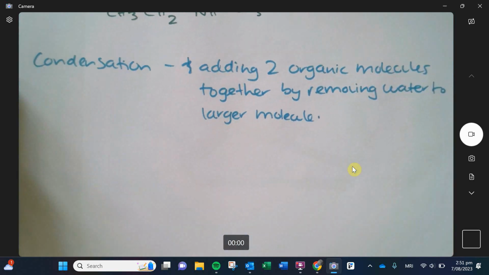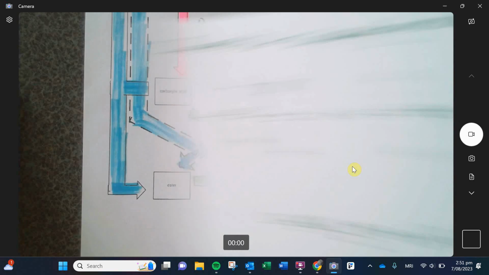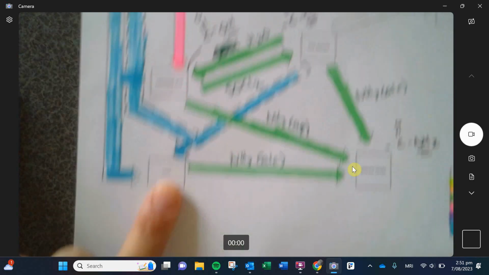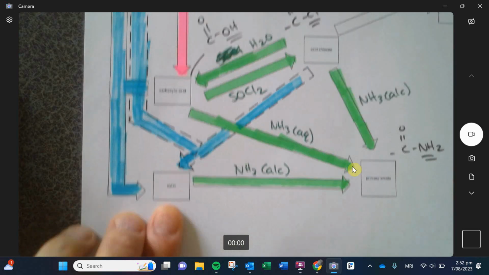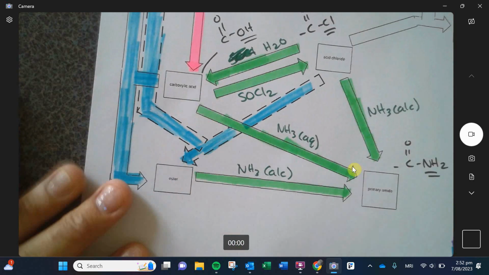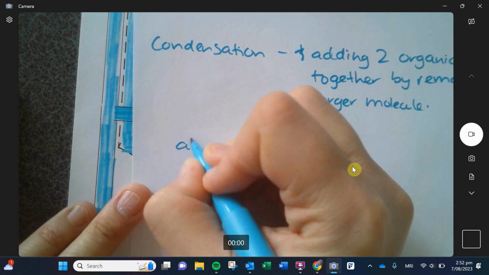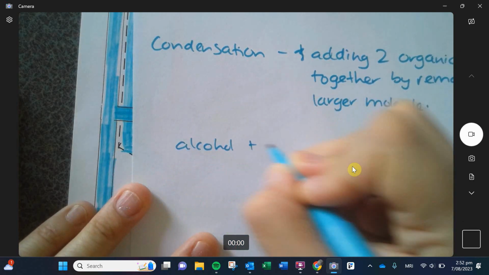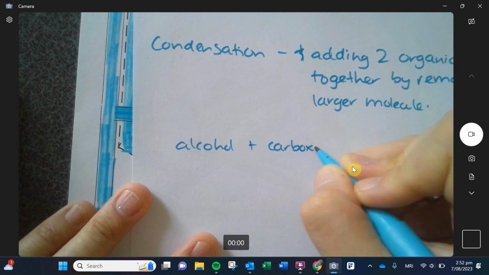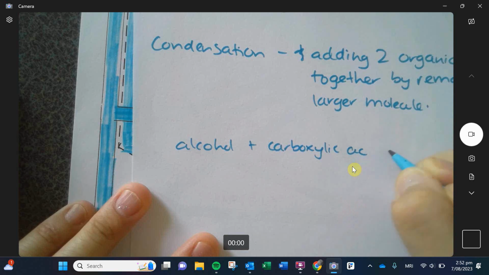So for example, the one that I have shown you guys is, and we've talked about this before with the esters. To make an ester, we take a carboxylic acid and an alcohol to do that. So like for example, alcohol plus carboxylic acid equals ester.